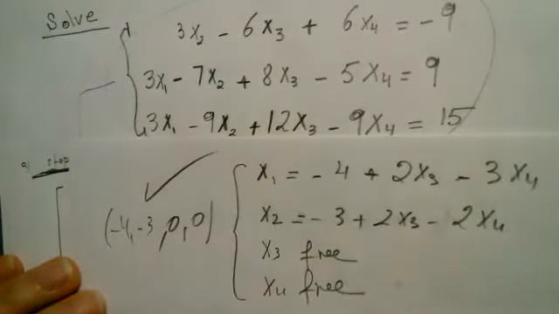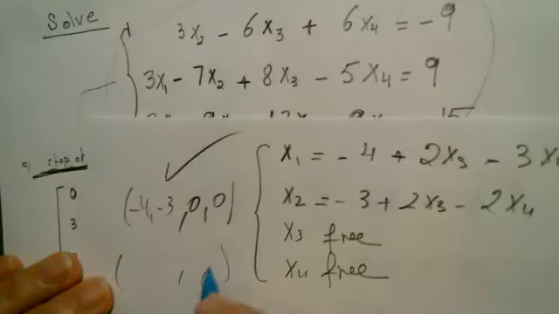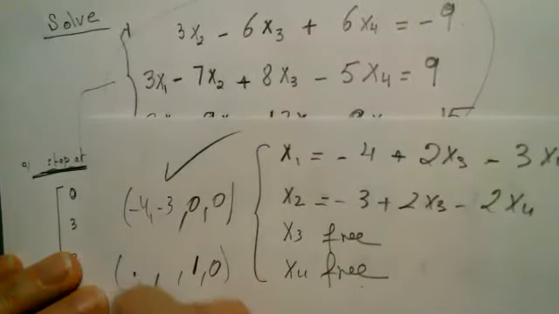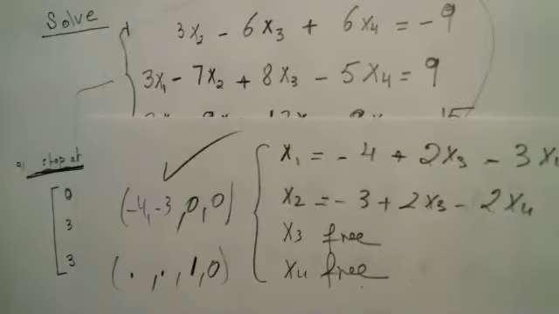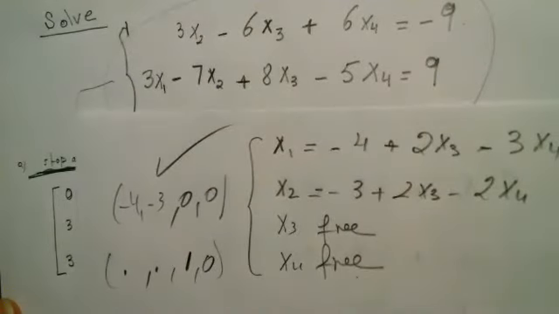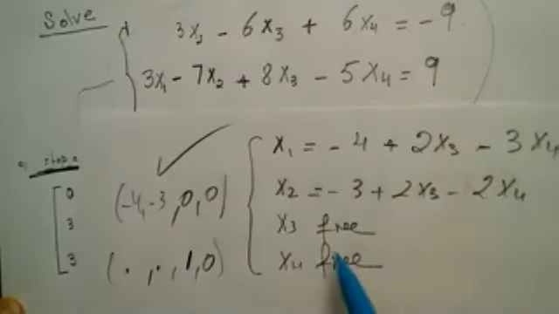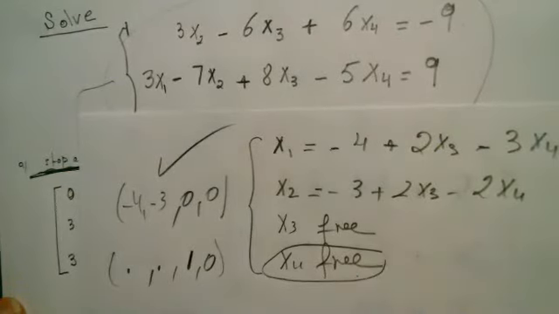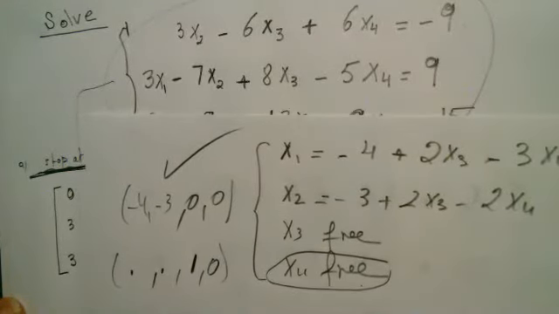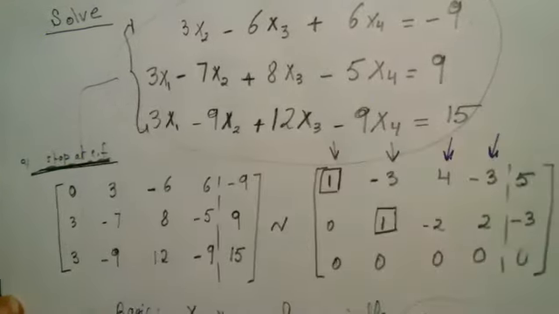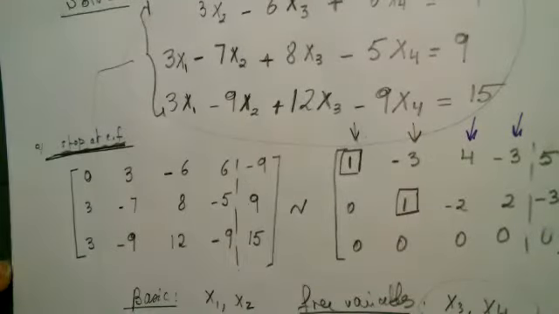That's a solution. Or I can take 0 for here and 1, and then I will have another solution. So there are infinitely many of them, lots and lots of them. Why? Because we have this free variable, and every time we change its value, we create a new solution. Now, part 2. So we're done with this problem.